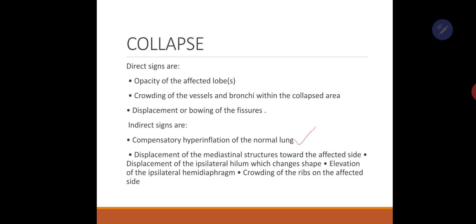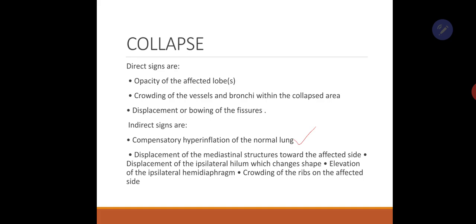If there is a collapse, there will be a loss of lung volume, and it will pull the trachea and the mediastinal structures towards the side of the collapse. That is ipsilateral shift of the trachea and mediastinum, so collapse should definitely go through your mind in making a diagnosis. Also seen are displacement of the ipsilateral hilum which changes shape, and elevation of the ipsilateral hemidiaphragm.